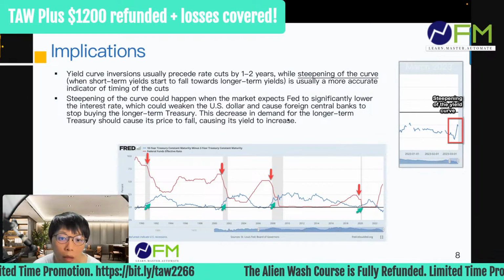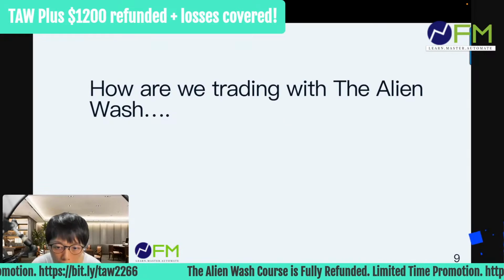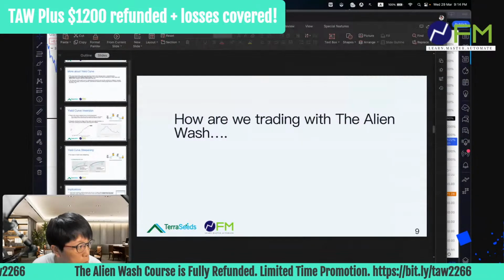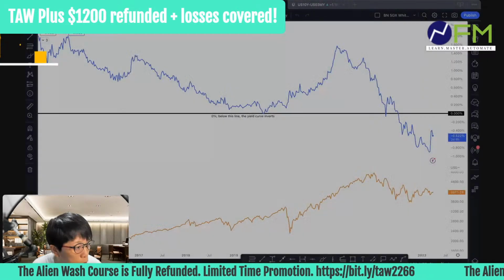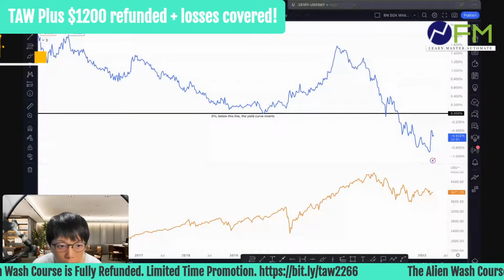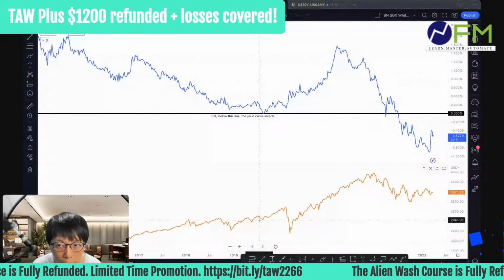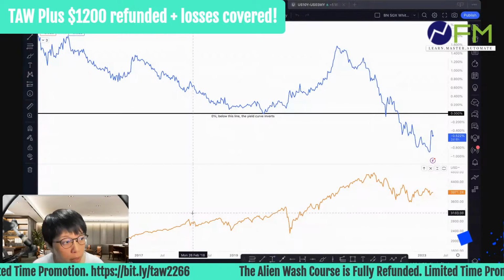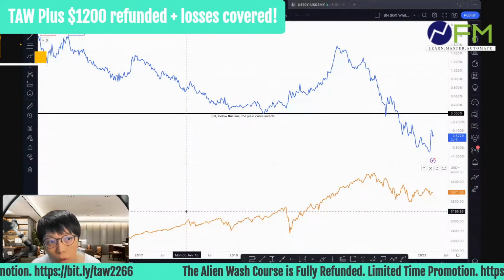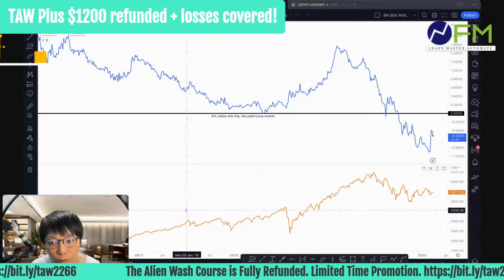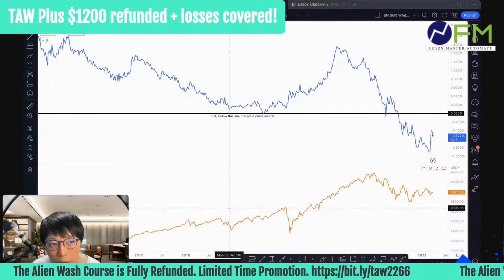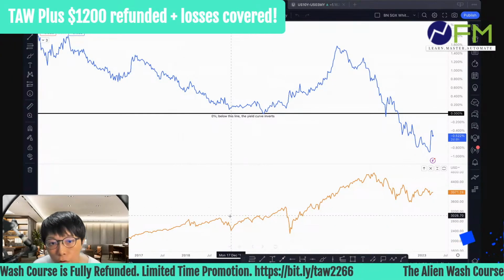Now let's take a look at the chart. Let me just show you the chart. I just wanted to share on the screen this particular chart, where I've plotted the 10-year versus the 2-year. I wanted to show you the correlation between the 10-year yield and the 2-year yield.